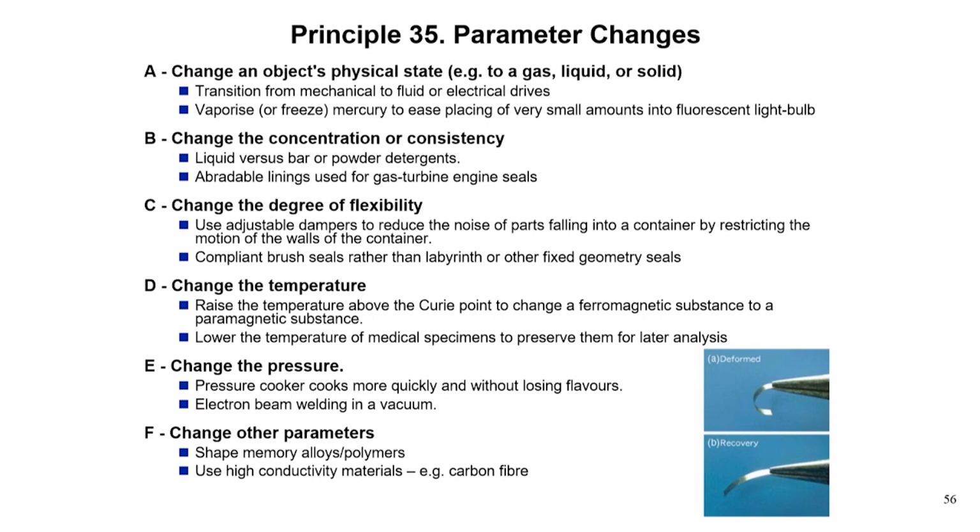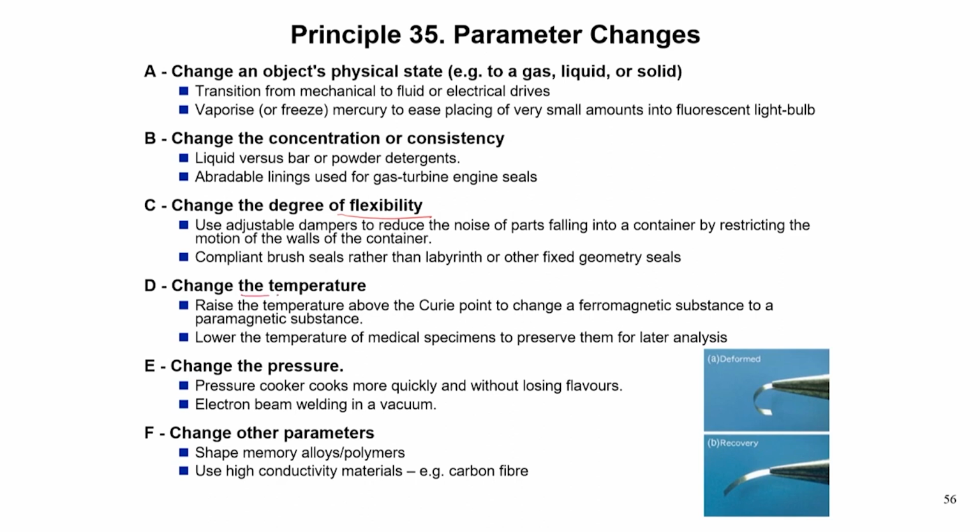Change the concentration or consistency, like liquid versus bar or powder detergent, or viscous linings used in gas turbine engine seals. Change the degree of flexibility, use adjustable dampers to reduce the noise of parts falling into a container, or compliant brush seals rather than fixed geometry seals.